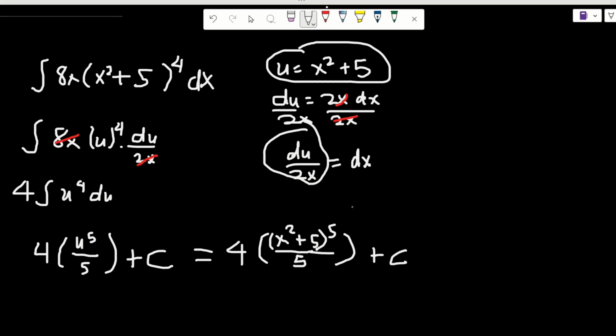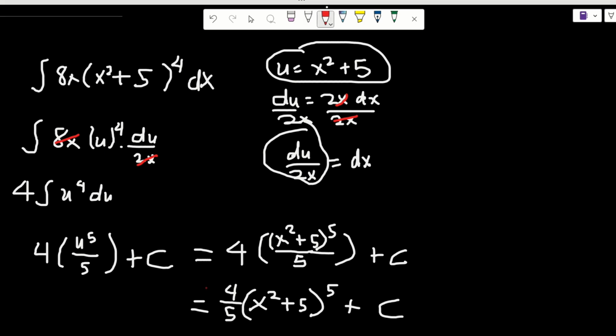We can also write it as 4 over 5 times (x squared plus 5) to the power of 5 plus c.